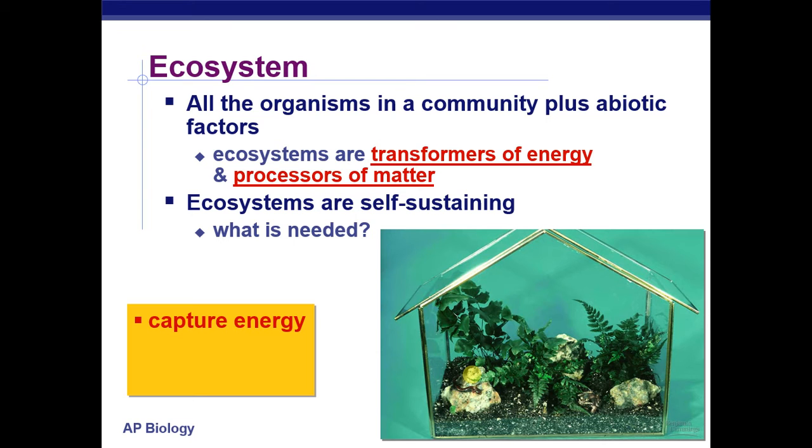To be self-sufficient, an ecosystem needs to capture energy, to transfer that energy, and to cycle nutrients. We're going to talk about how those three things are accomplished.